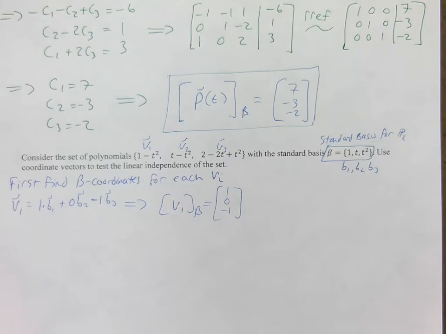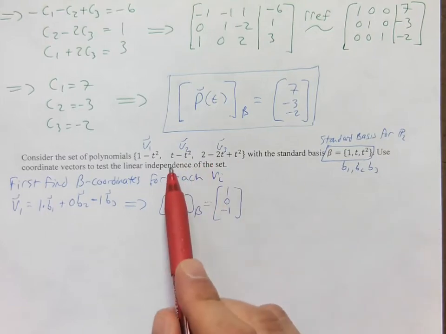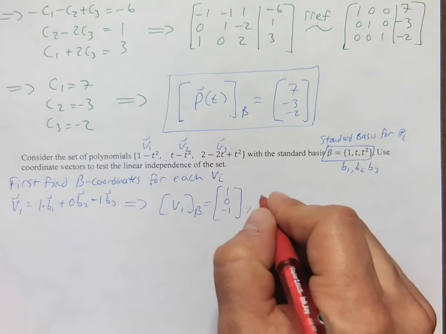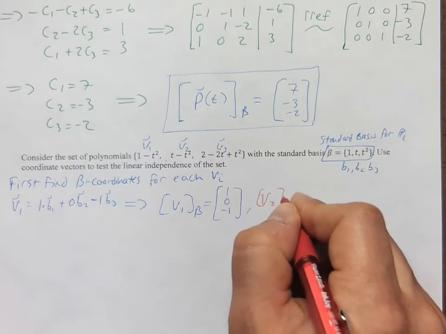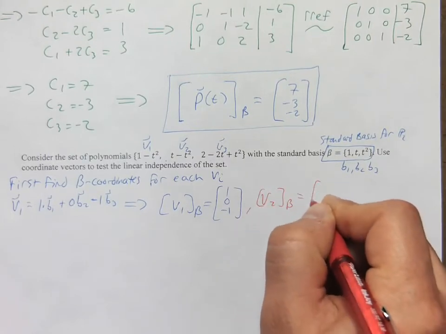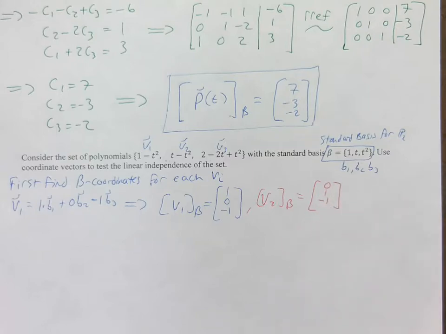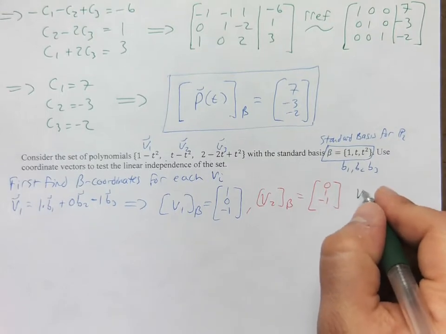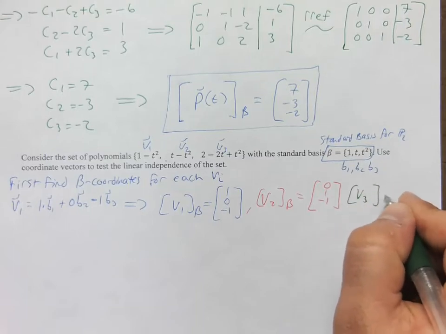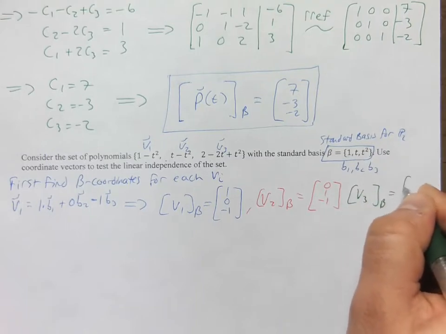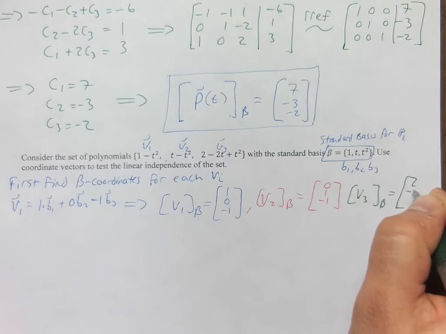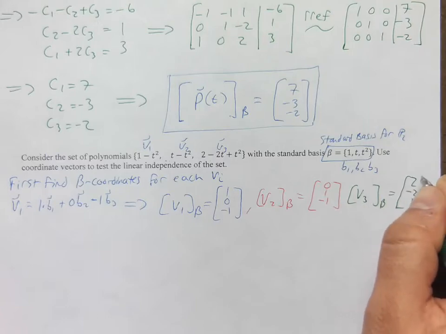And so similarly, we can easily write down the other beta vectors. The beta vector for the second one is 0, 1, negative 1, using that same thought process. And the third one, just doing the coefficients, is 2, minus 2, 1.